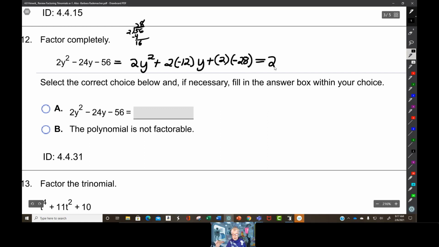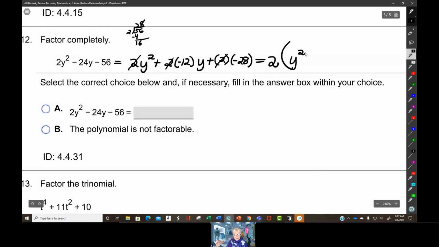I'll factor out the GCF to the front, then parentheses, and write the leftovers from each term. I can even mark out the 2 now, because I already wrote it down.